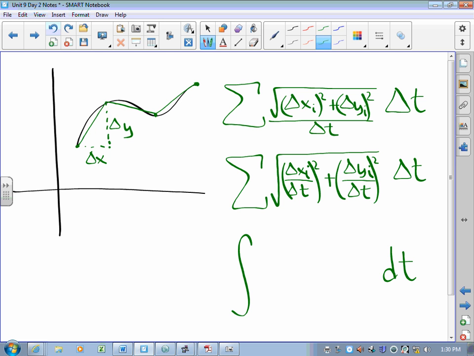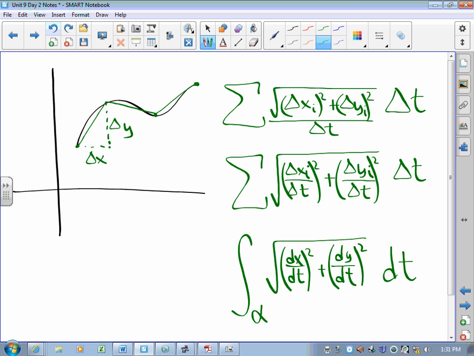And we get the square root of the delta x over delta t becomes dx dt, the delta y over delta t becomes dy dt, from one time to another. That is the arc length integral. When I ask you for the arc length of a parametric curve, that is what I'm looking for.